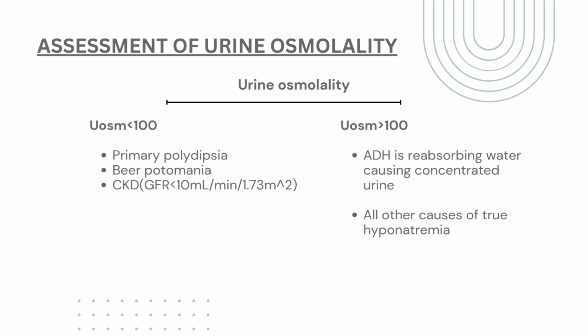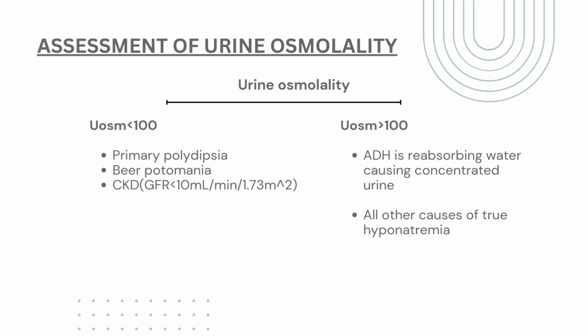After checking the volume status, we'll look at urine osmolality. If urine osmolality is less than 100, we can say that urine is dilute and ADH is not that much active. Situations where this scenario can arise are primary polydipsia, beer drinker's potomania, or CKD, where there is volume overload.